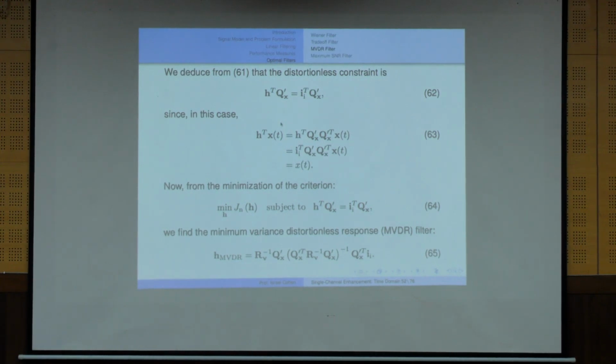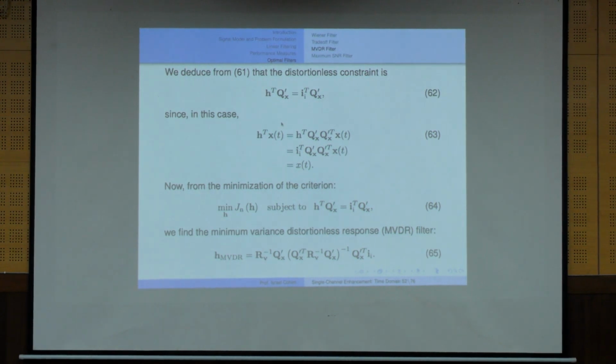We obtain it as H transpose Y, and this contains two parts: H transpose X plus H transpose V. We want to minimize the variance of this, the variance of the residual noise.